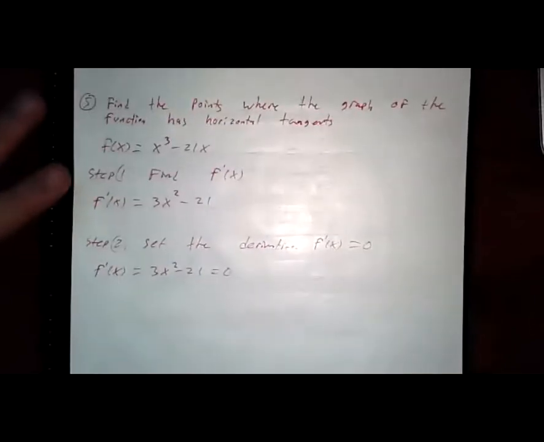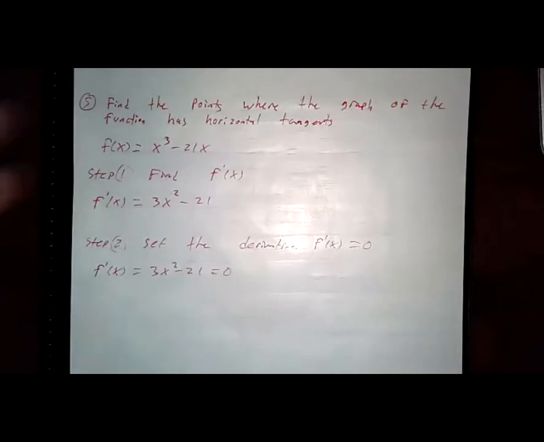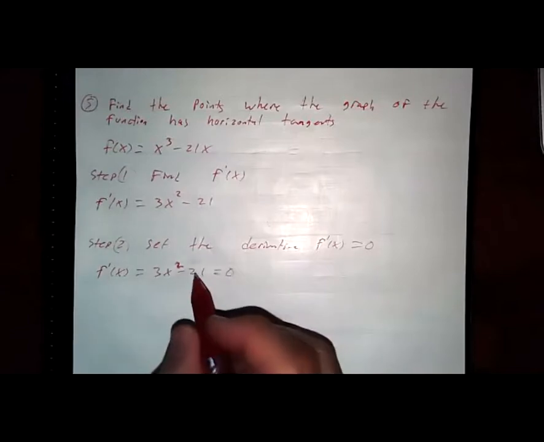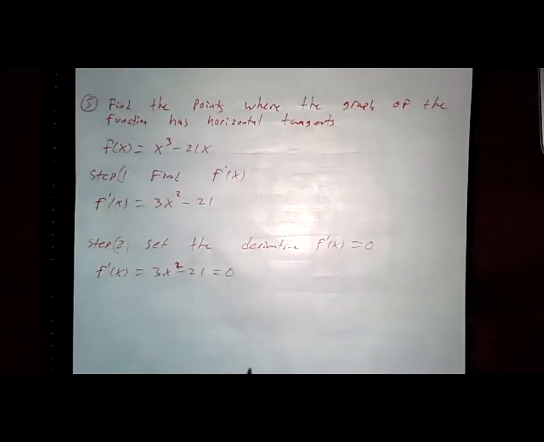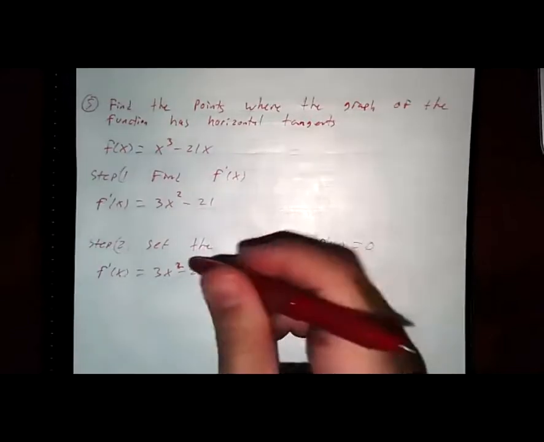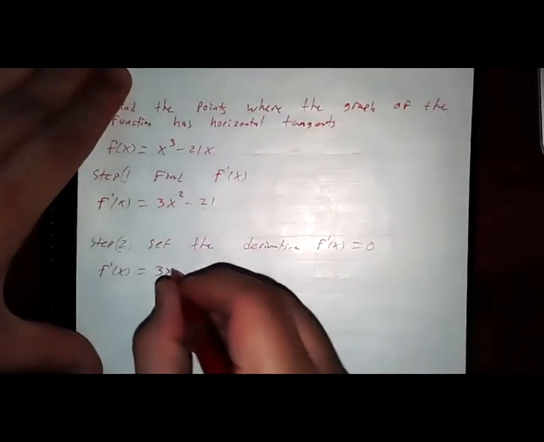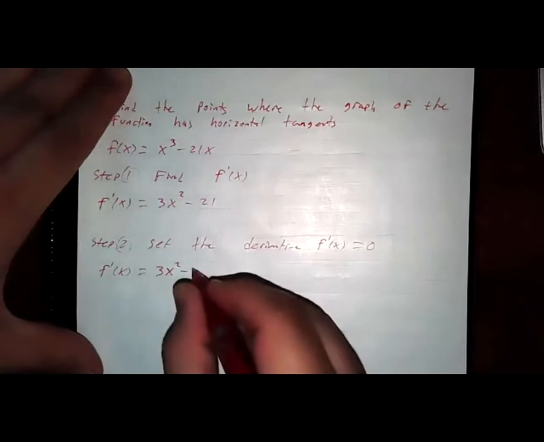Is that a 3x cubed minus 21? 3x squared, minus 21. 21, sorry. Yeah, I'll write it again for you. I wasn't paying attention. It's okay.